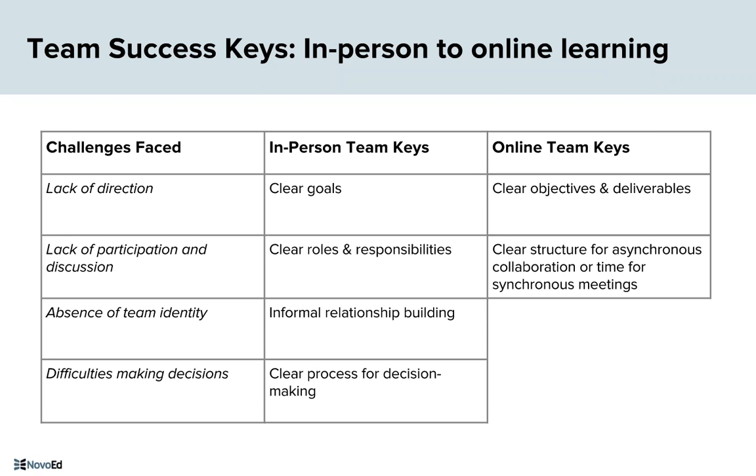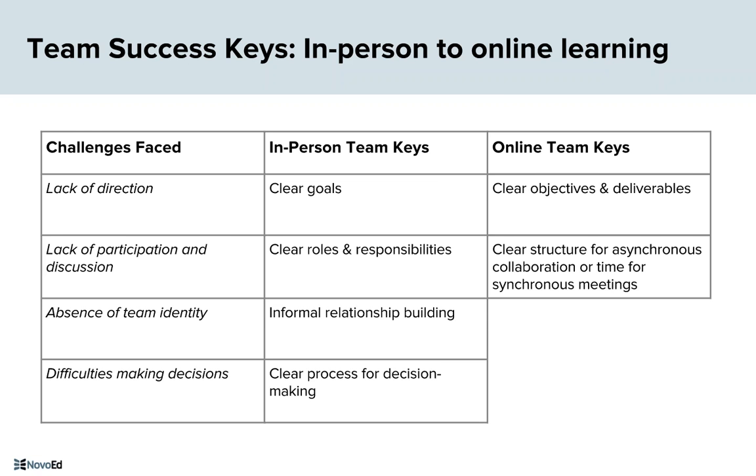Is it going to be working in an asynchronous way, which team members aren't expected to be on at the same time? Or is it that teams are going to be expected to meet maybe an hour a week? Not necessarily every team's going to do it the same way, but making sure it's clear as part of the instructional design what's expected of different participants will help participants understand how to best participate and discuss different challenges with their team members.